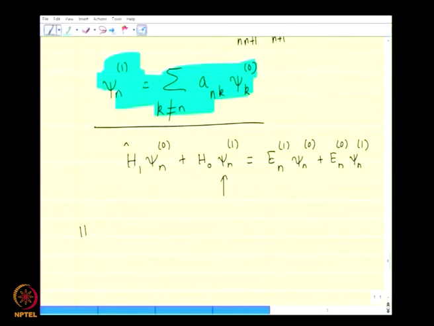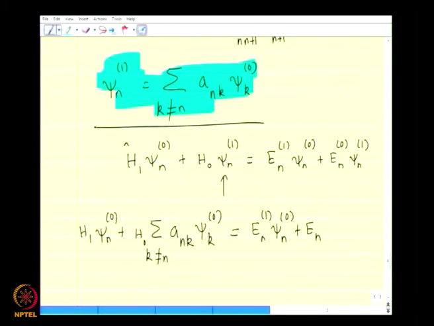Then the equation is H1 psi n0 plus H0 sum over k not equal to n a n k psi k 0 is equal to E n1 psi n0 plus E n0 sum over k not equal to n a n k psi k 0. Okay.